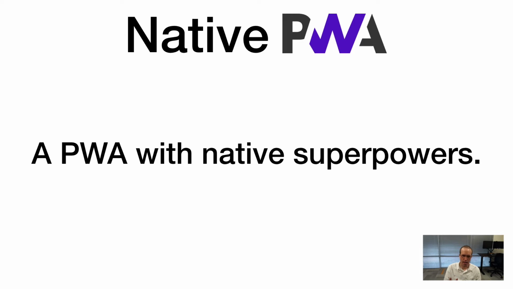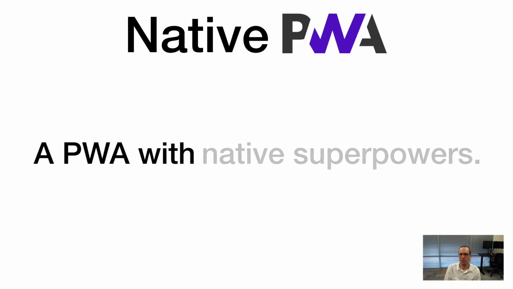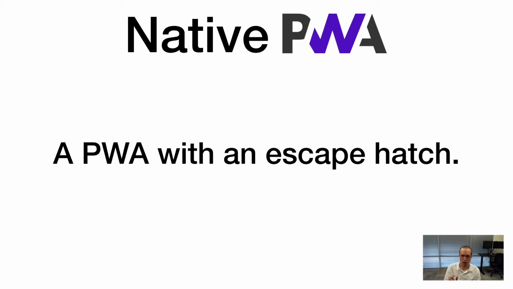It is everything a PWA is, but you can access those native APIs that you need that are not available on the web, and especially with iOS, not having as many things available to it, this becomes really handy to be able to do extra things, to access extra APIs that are not available on the web or the browser engine you're using. Another way of saying a PWA with native superpowers is that it's a PWA with an architectural technical escape hatch.